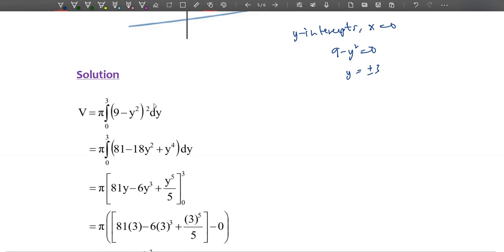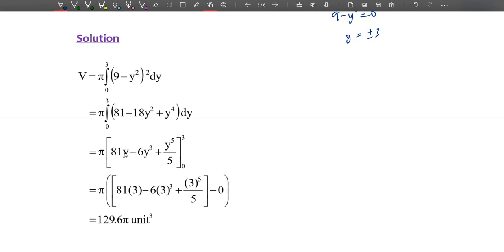9 minus y squared, remember it needs to be squared, integrated with respect to y. Expand, and we will have 81 minus 18y squared plus y to the power of 4. Integrate this function, it will be 81y minus 6y cubed, 6 because 18 divided by 3 is 6, plus y to the power of 5 over 5, from 0 to 3.